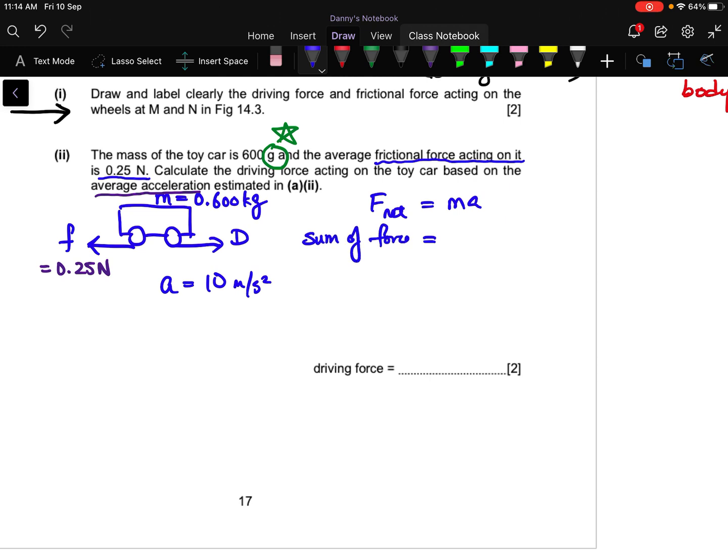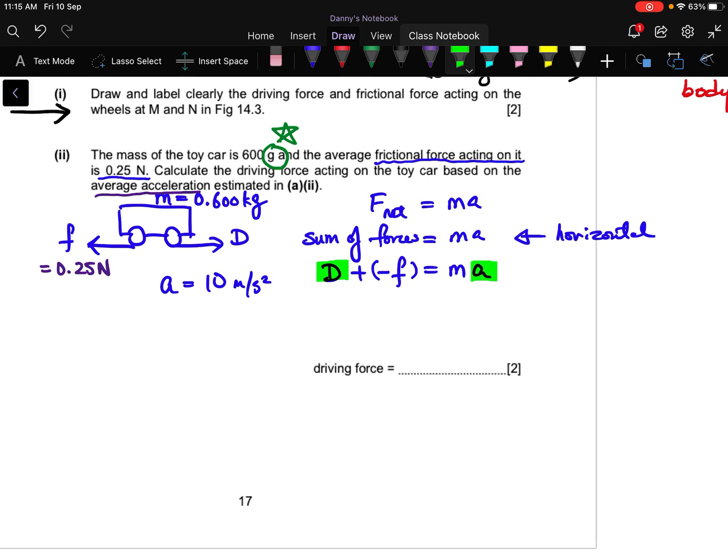Apply your Newton's second law, change the left hand side to the definition. Remind yourself that all this you are talking about the horizontal forces, which will have D plus negative F, because sum of forces, and MA.